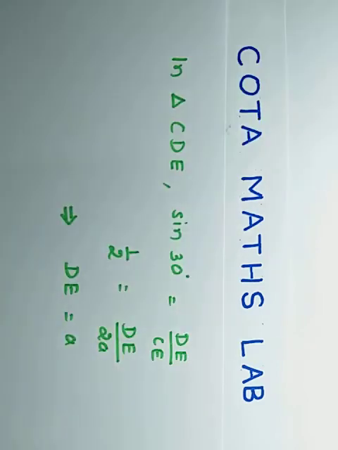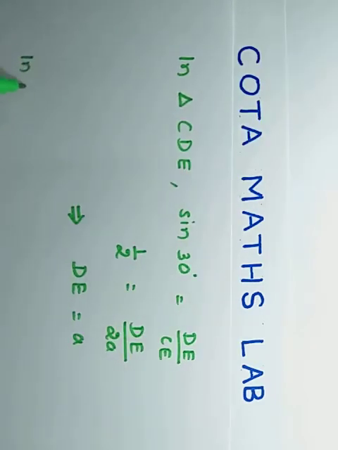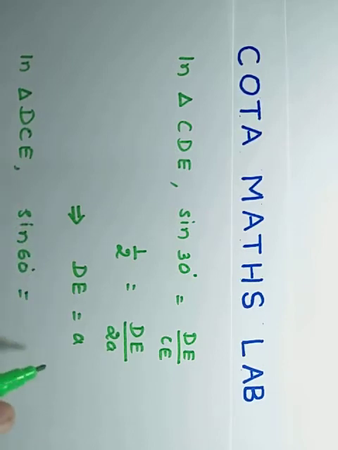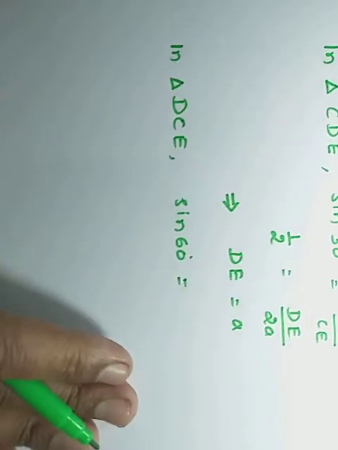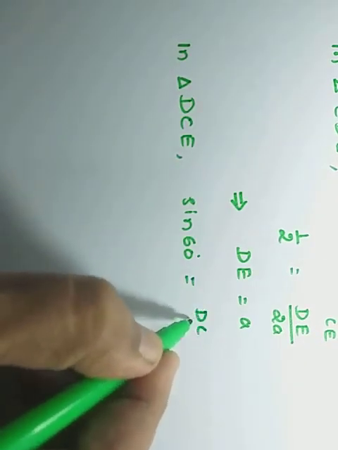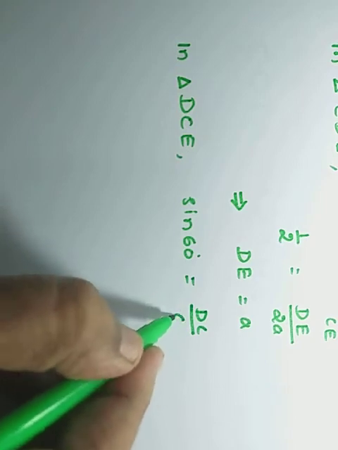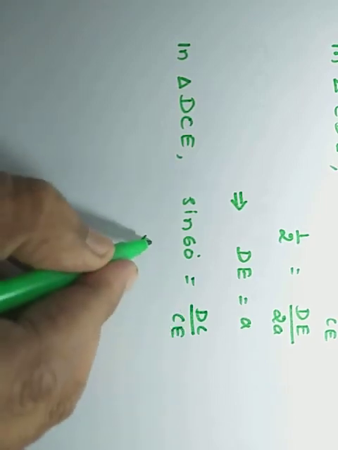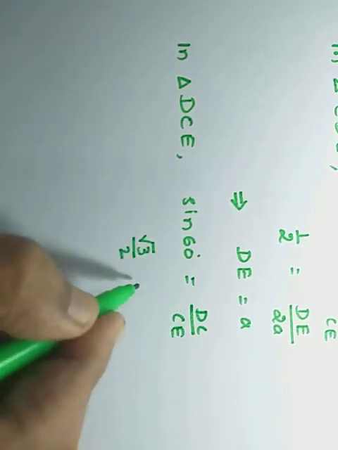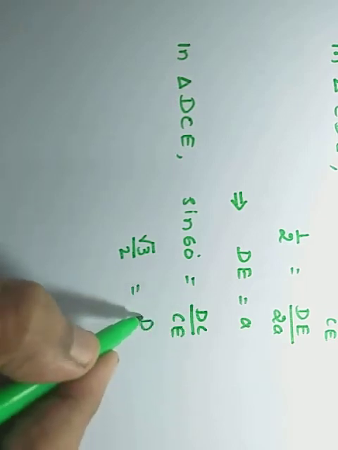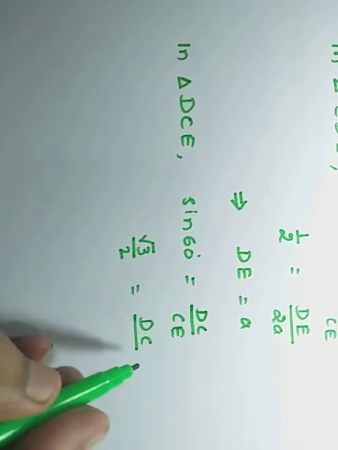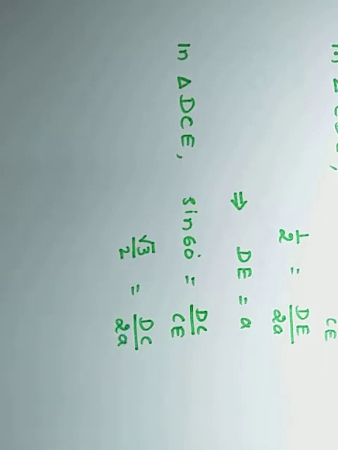Once again, in triangle DCE, sine 60 degrees, root 3 by 2, is equal to DC, which we need to find, divided by CE, that is 2a, the diameter.